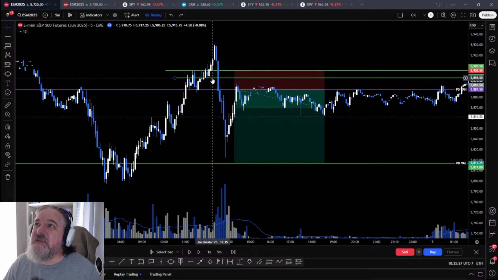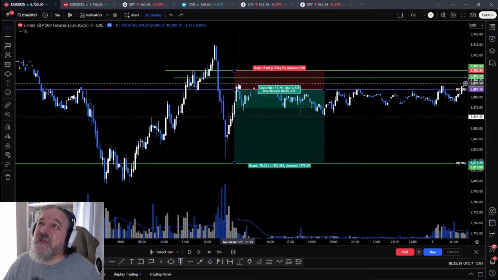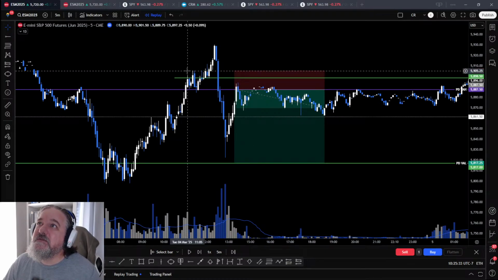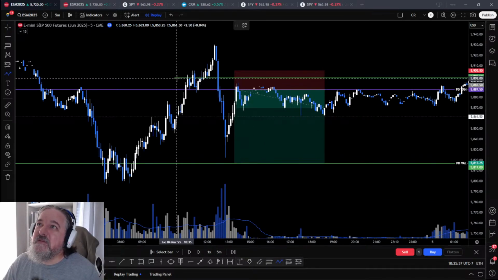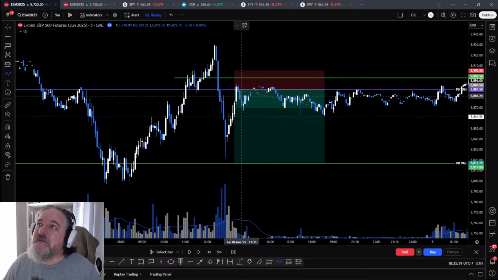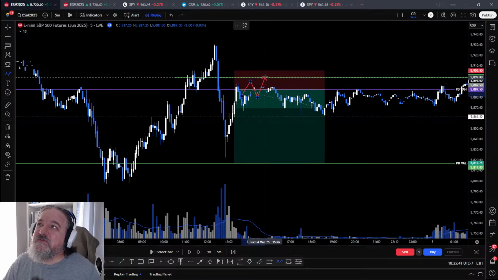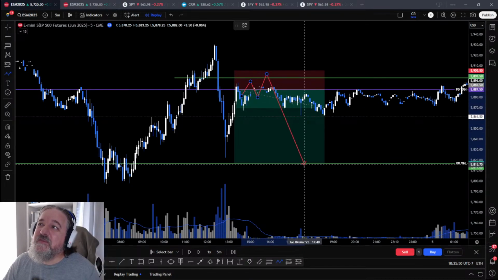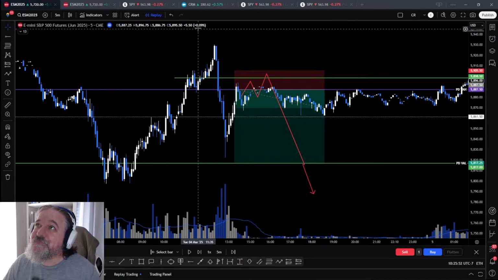Looking at a key SR flip, something I was talking about earlier, let's just pretend we don't have this level here. And I say, this is my key SR flip, and they come up here and do something like this. If they're trying to stop out the people that use this SR flip as their stop loss, they're going to go a little bit above it, and then they're going to make the move, right?